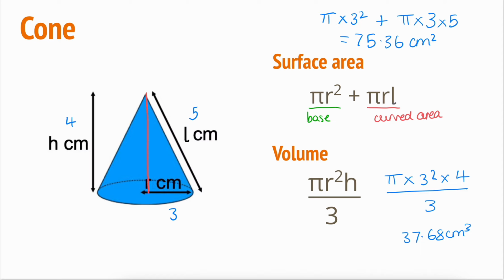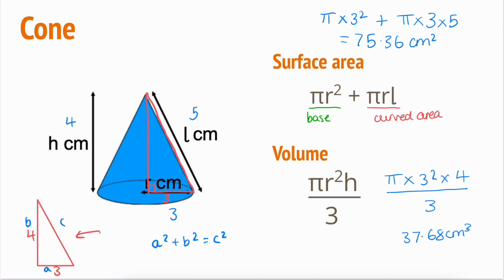So if I drew a straight line from the center of my cone to the base, and I connected it up via the radius, I would have a right-angled triangle. So if I know that one of my measurements is 3 along the base, so if I draw this triangle out here, so I know my base is 3, and I know that my height is 4, I could find this using Pythagoras, where I have A, B, and C. So A squared plus B squared is equal to C squared.